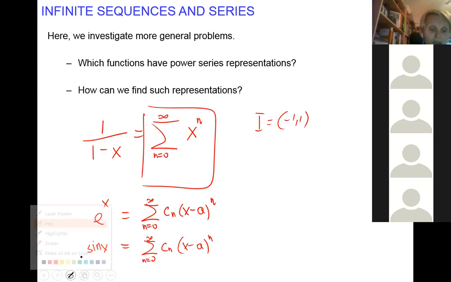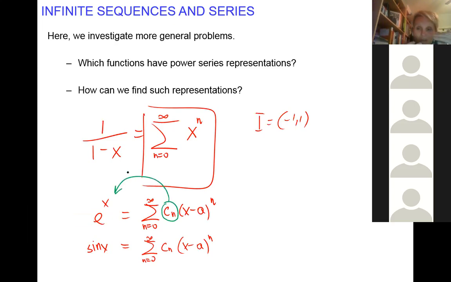But the coefficient c sub n we have to link to the function. We have to get some connection, like how this coefficient is going to be defined if the function is e to the x, or if the function is sine of x, or any different type. That's the connection we will find, and then we can probably find the power series representation for any function.